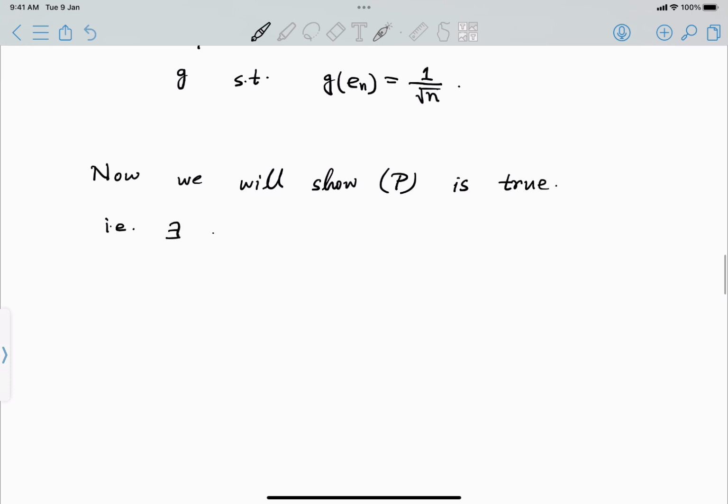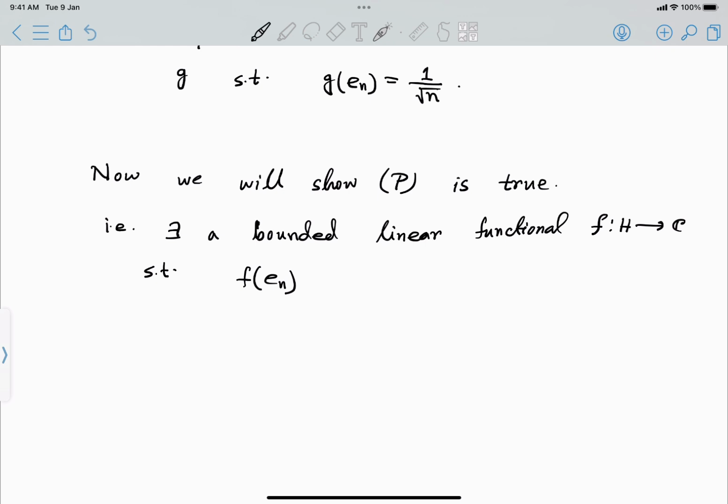There exists a bounded linear functional f from H to C such that it is given by f of En equals 1 by n.